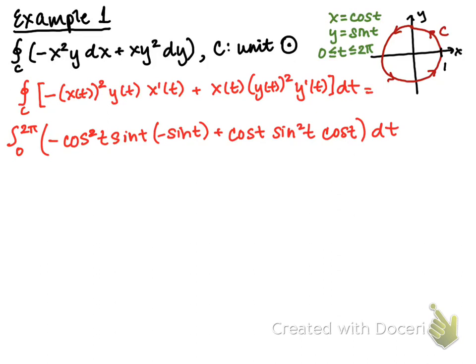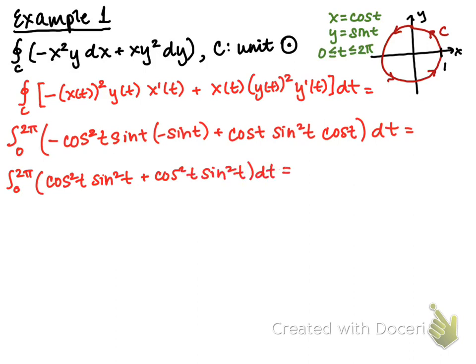Which is going to become the integral from 0 to 2 pi of, I have two negatives here, so this is going to be cosine squared sine squared, and then another plus cosine squared t sine squared t dt, or 2 cosine squared t sine squared t dt.